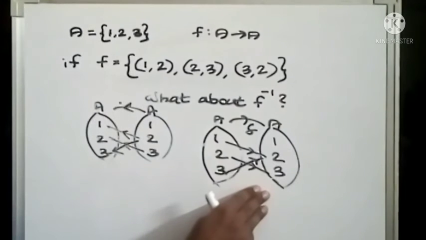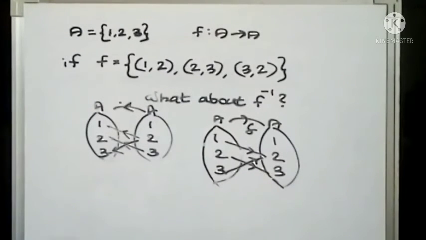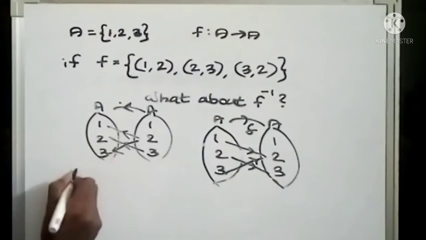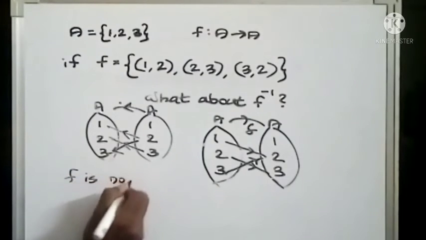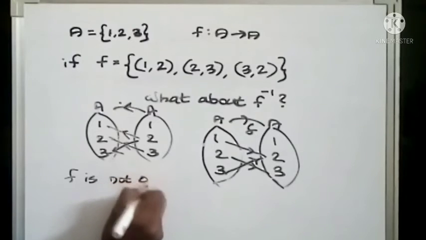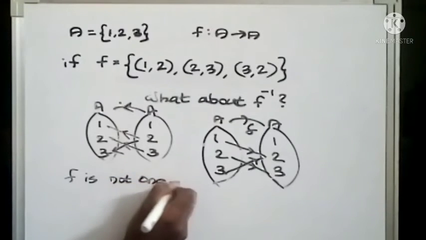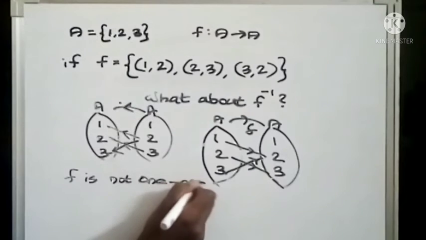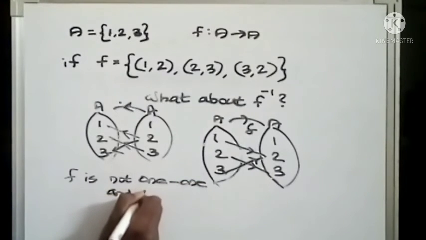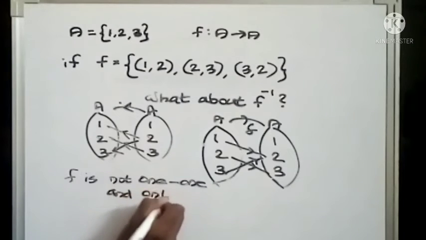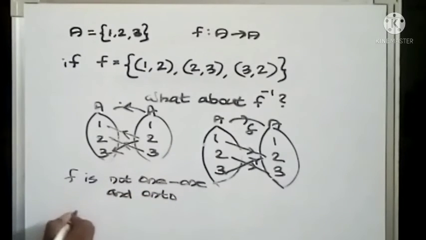Therefore, it is neither 1-1 nor onto. Therefore, here F inverse does not exist.